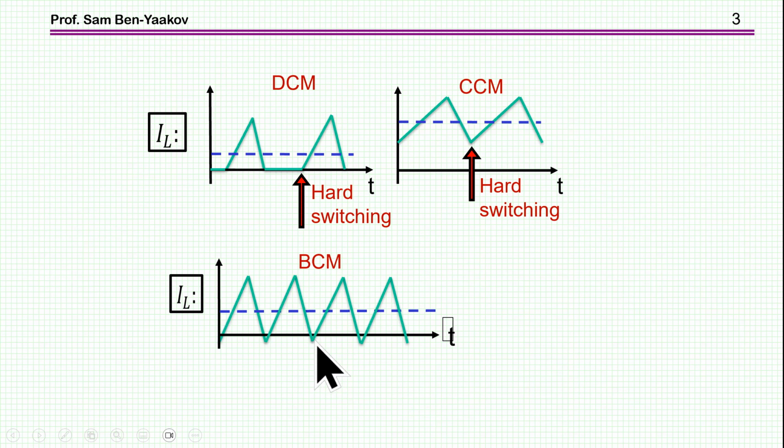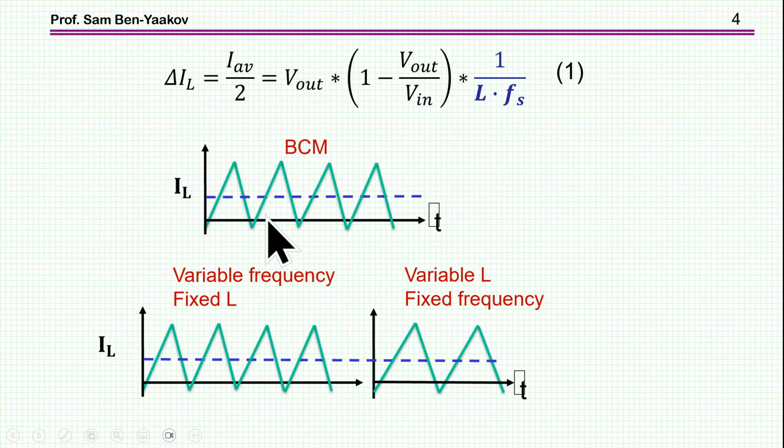So this case is the best in terms of losses because we have here soft switching, while here we have hard. Now in BCM, the relationship between the ripple and the average current is 1:2 because the average is just about half the height of this triangular waveform.